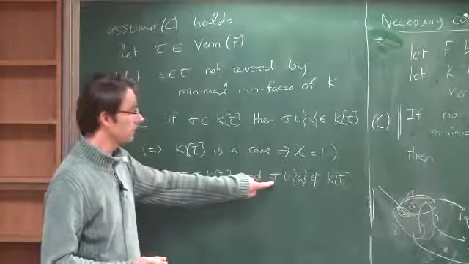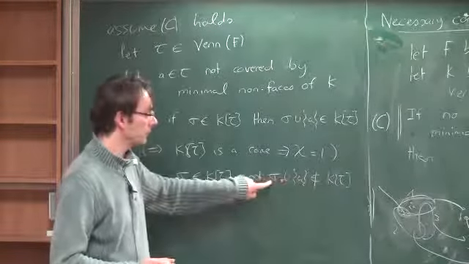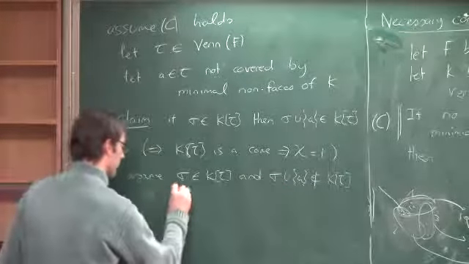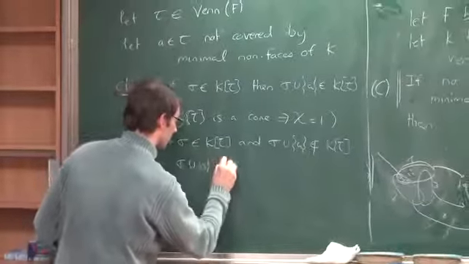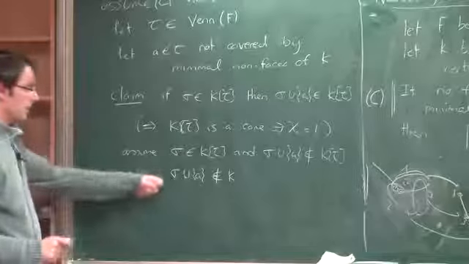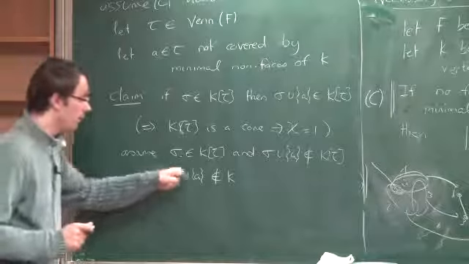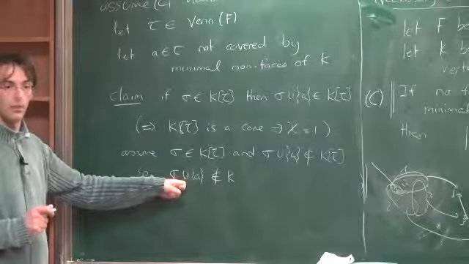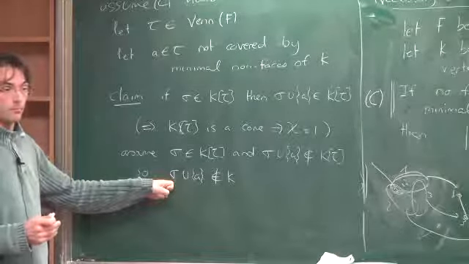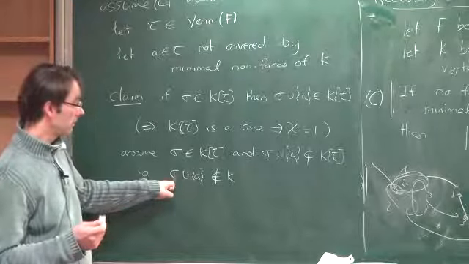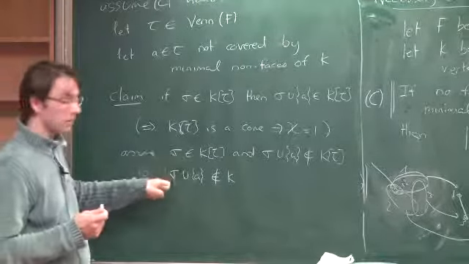It could be that this is not a face of K. So let me take a minimal non-face of K that is contained there. It could be sigma union A, or it could be something smaller. If it is something smaller and does not contain A, it's contained in sigma. But sigma is in K. So it must contain A.